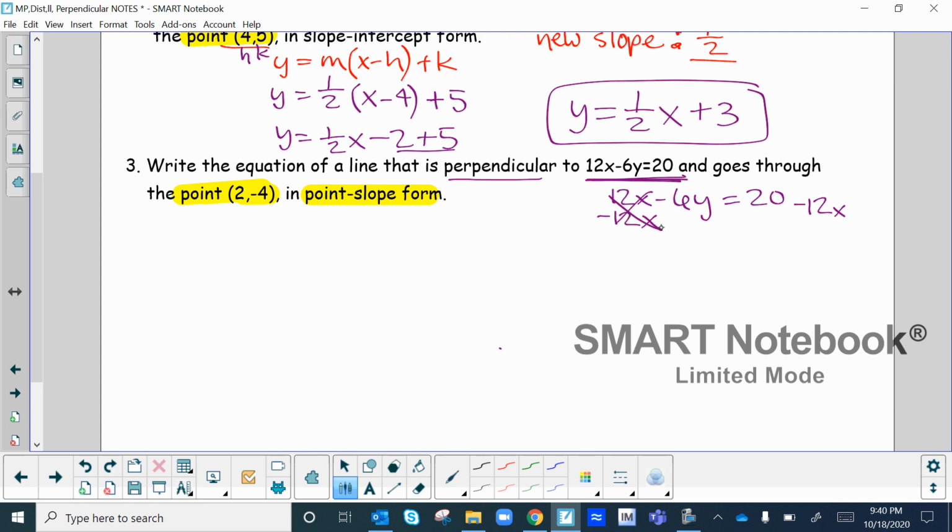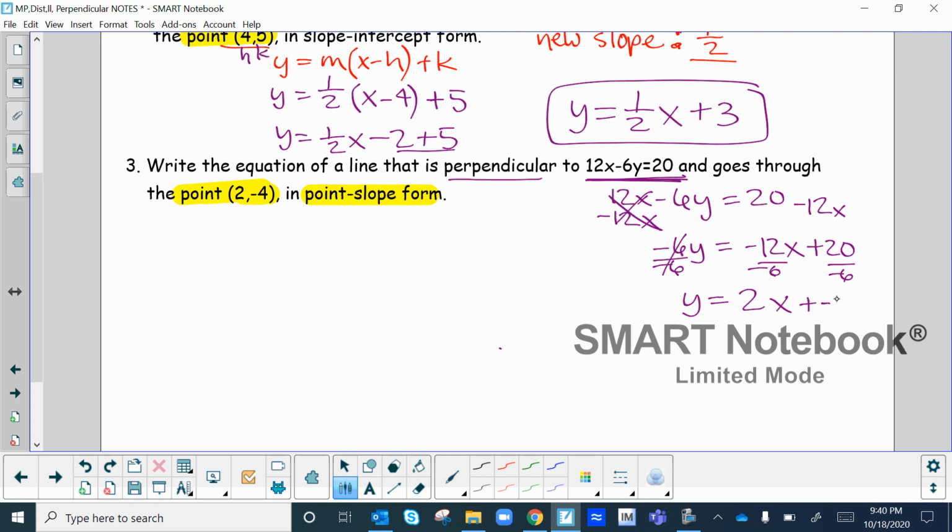So that'll get rid of that. So I have negative 6y equals, I'm going to put the negative 12x first because that's how slope-intercept goes. And then I'm going to divide by negative 6 to everything. That'll cancel out. So y equals negative 12 divided by negative 6 is a positive 2x, plus 20 divided by negative 6 is negative, because we're dividing by a negative.